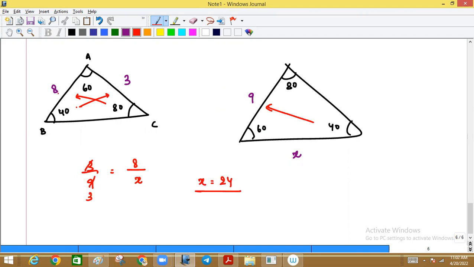You can clearly see 3 becomes 9. If you don't want to, you don't need to write that ABC is similar to so and so. Just look at the angles. The sides opposite to the equal angles will always be in proportion. Proportion means the ratio is the same. Okay, keep it aside.